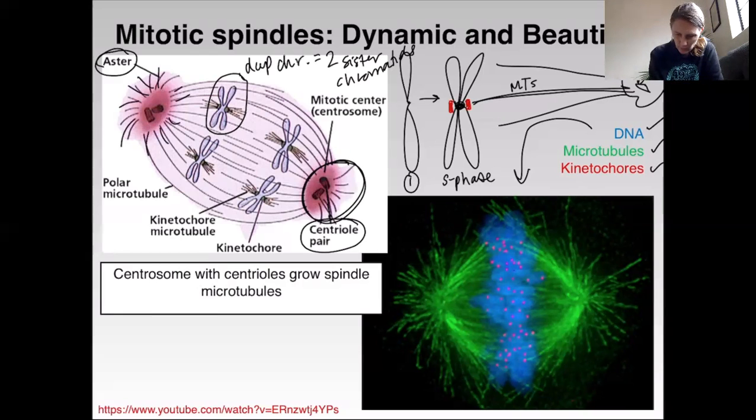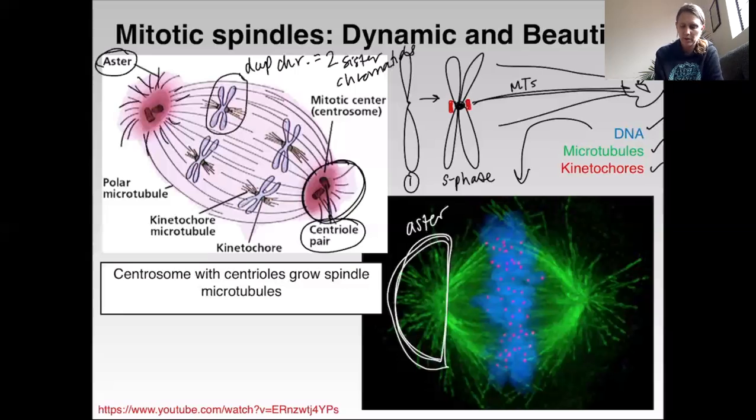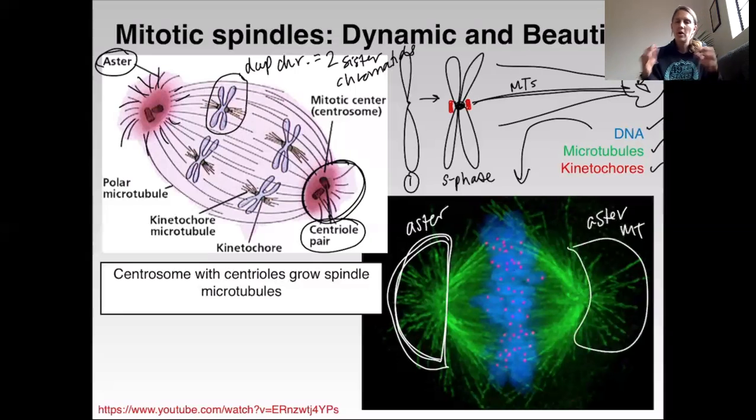So that would be all of these microtubules here that I'm pointing out with the white. Those are the aster microtubules on both sides, called that because they look like a star. And then we also have microtubules which will go and bind to the kinetochore, and those are called kinetochore microtubules. I'm not going to make you know about the other one.